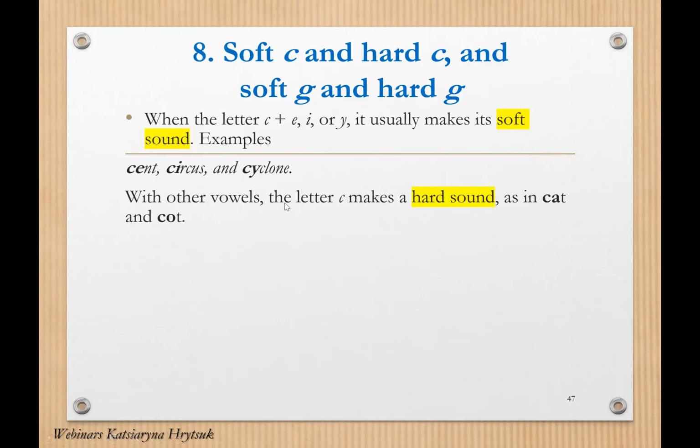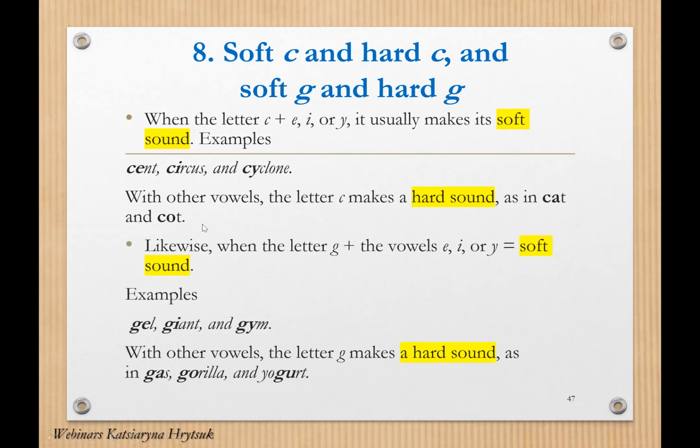When it's followed by other vowels, it's a hard sound. You see, C, A, it's letter A here. It's not E, I, Y. So that's why we read K: cat and cot. Next one, the same with letter G. If we have G plus E, Y, I, it's a soft sound: gel, giant, gym.